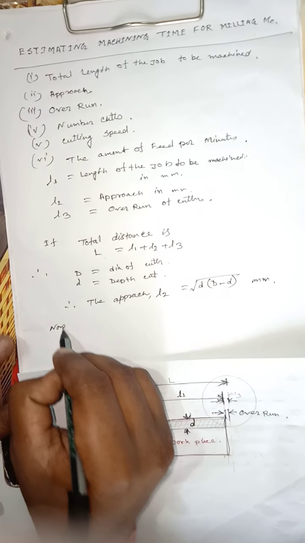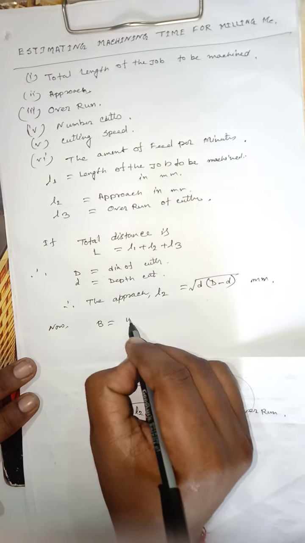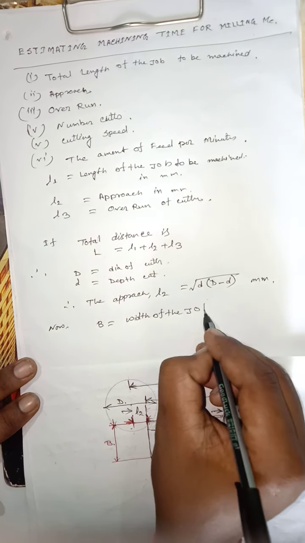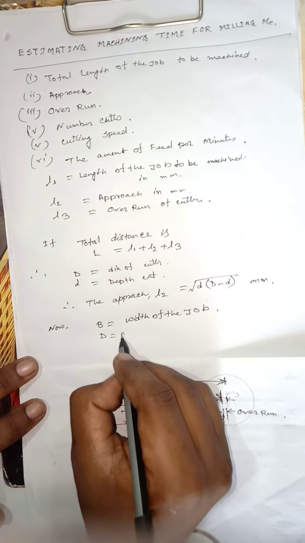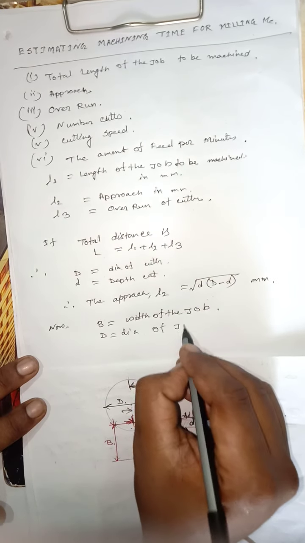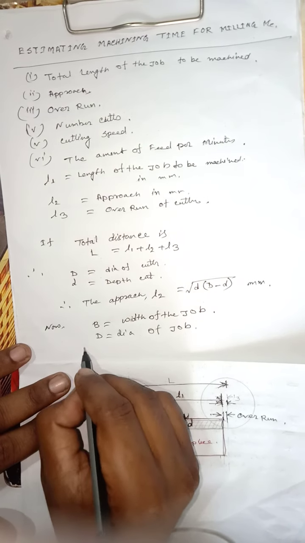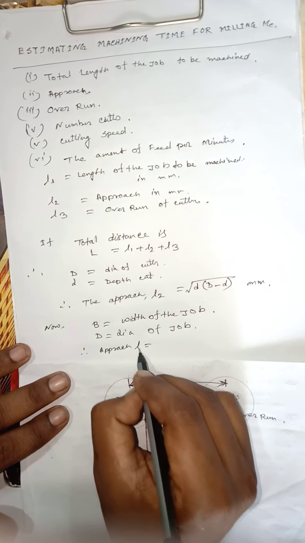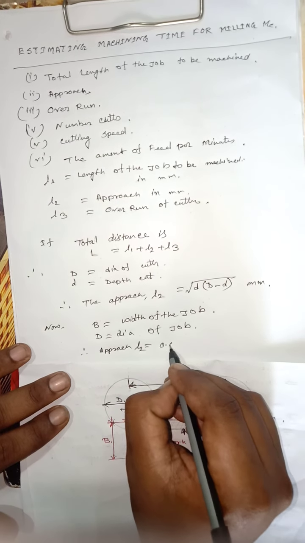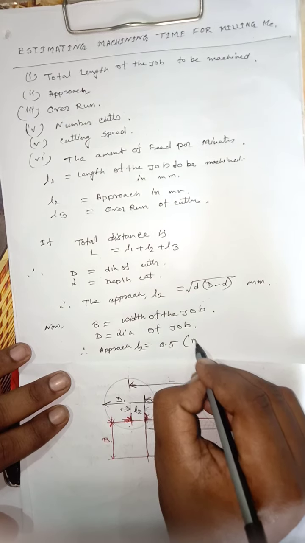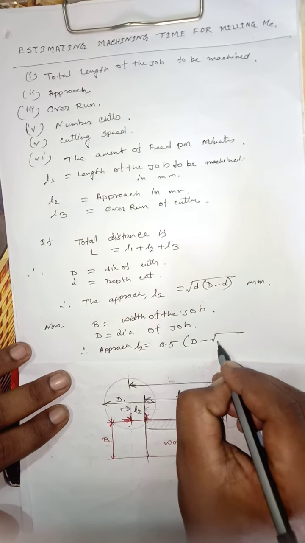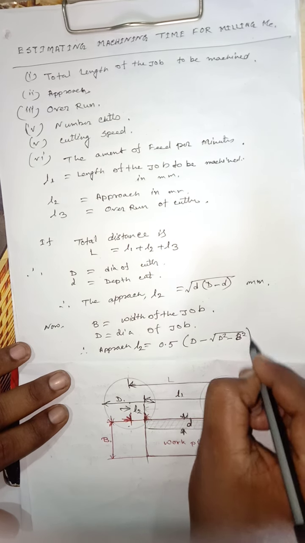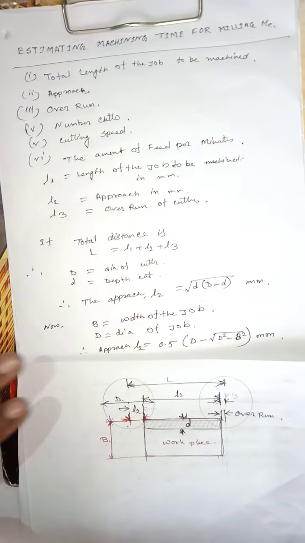What happens? The approach L2 is equal to 0.5 into D minus root over of D square minus B square, in millimeter.